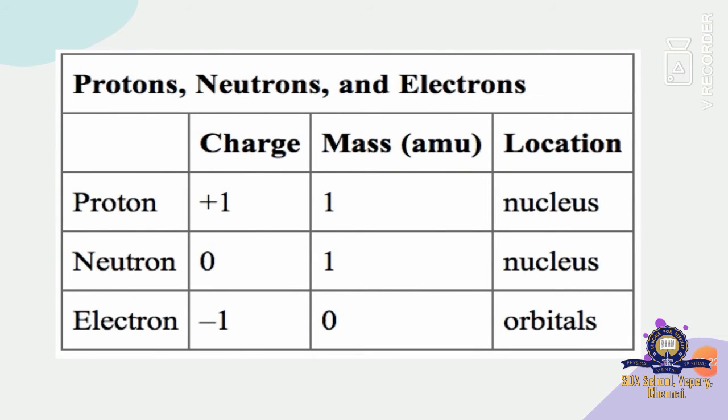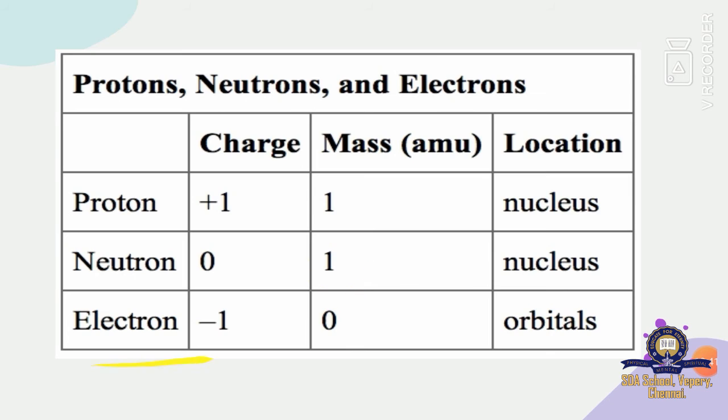Now let us see the charge and mass for all the subatomic particles. Proton, the charge is +1 and mass is 1, and neutron, I have told it has no electrical charge, so it is 0, and the mass is 1.